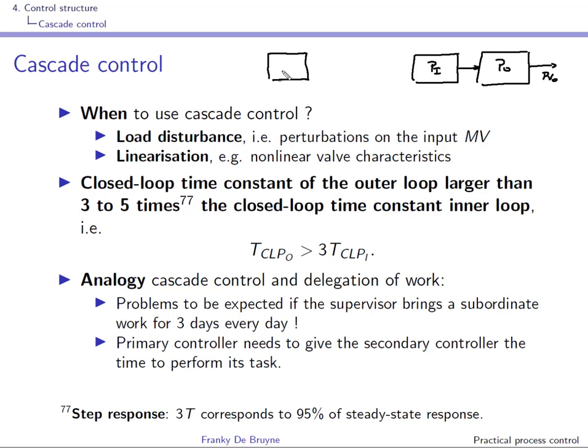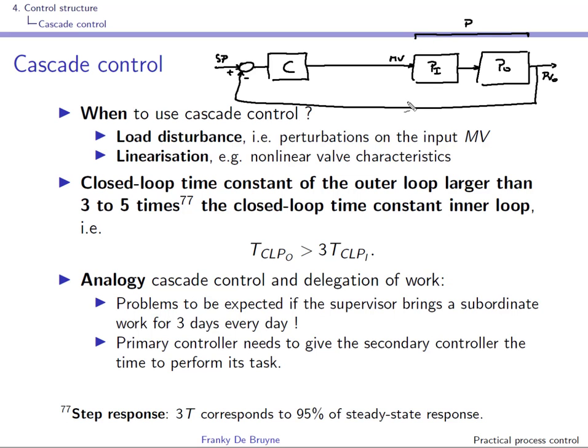So the controller is then simply C, and it uses the control error SP minus PV, and it produces an MV that is sent to the process. So we see here the process as simply P, right?